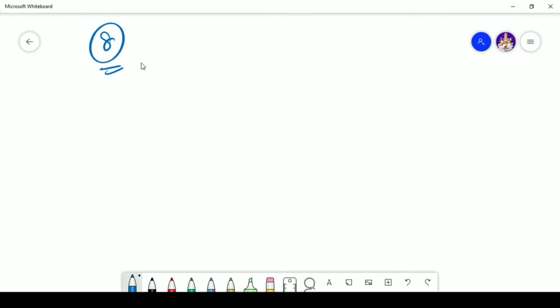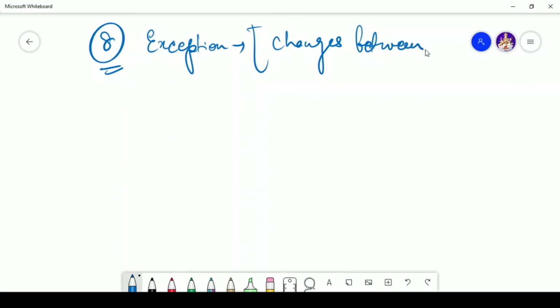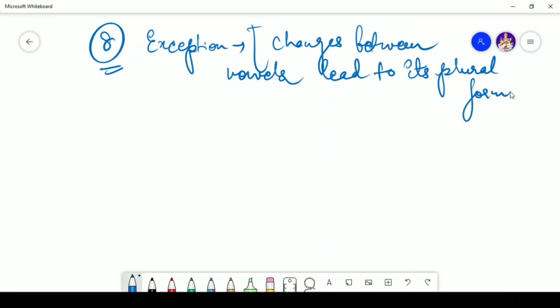Now there are some exceptions where changes between vowels lead to its plural form.